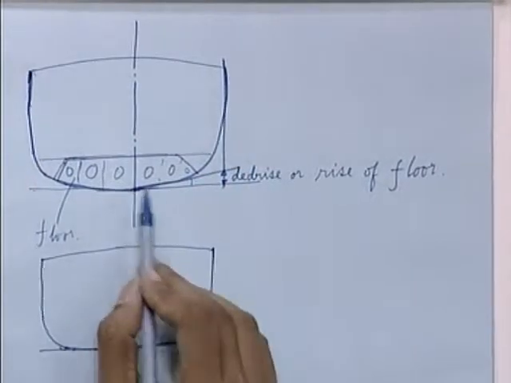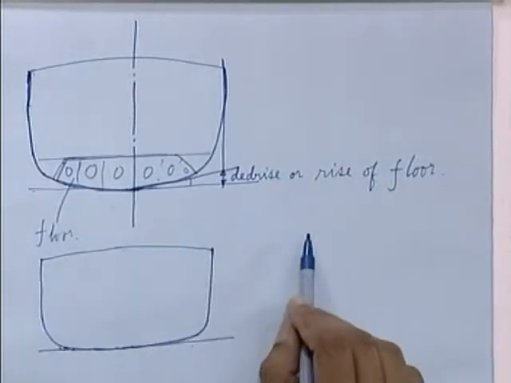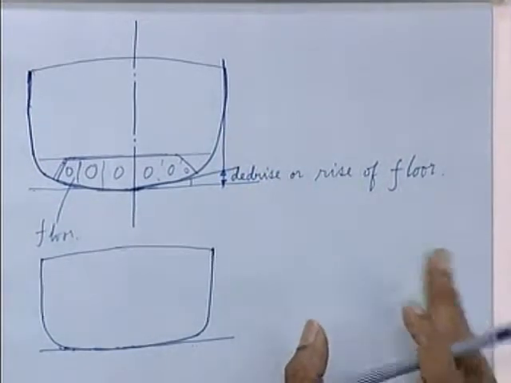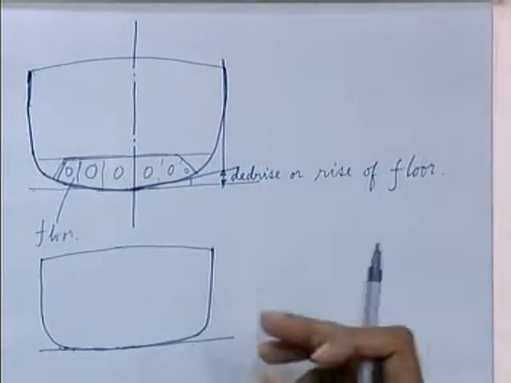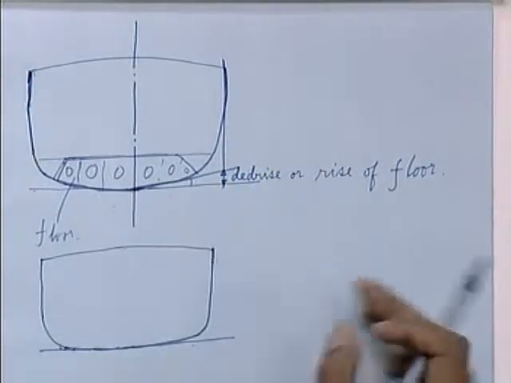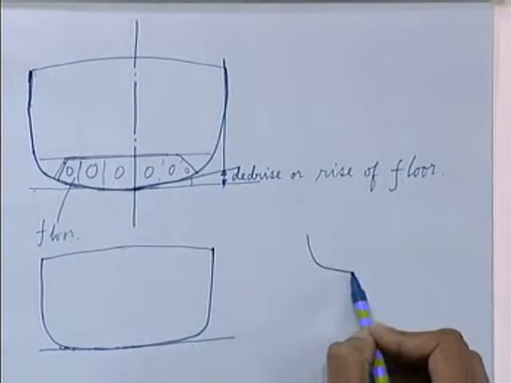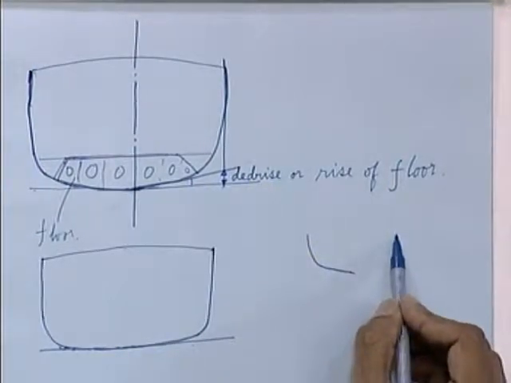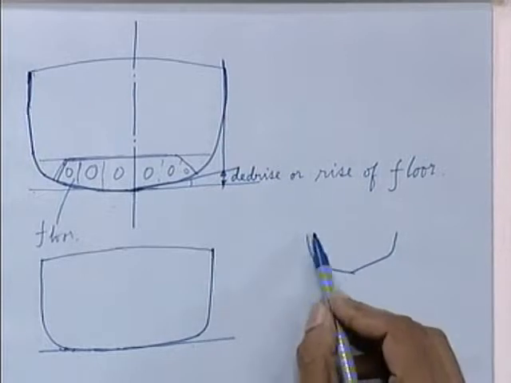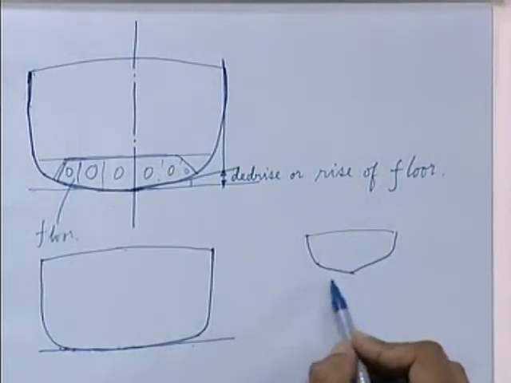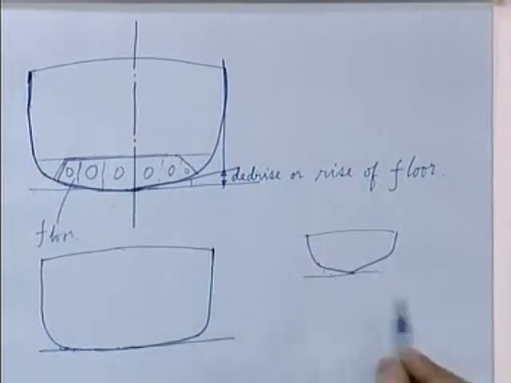So, normally you will find tugs and trawlers, sometimes they are beached, so you have to quickly take the vessel out to the sea, and they have a large dead rise angle. You just see the cross section of trawlers. A large dead rise is given for that particular reason.